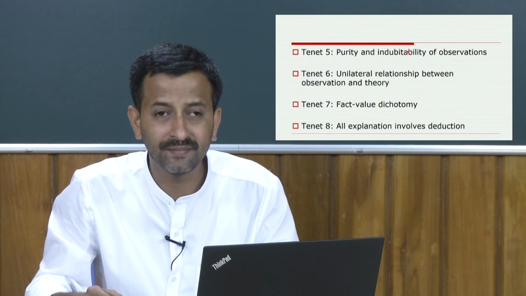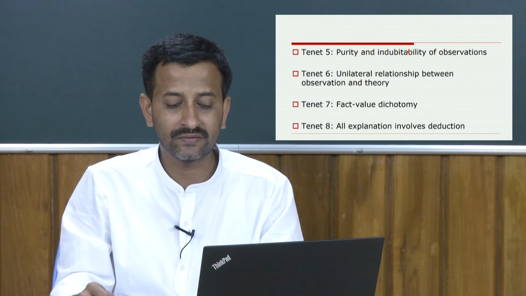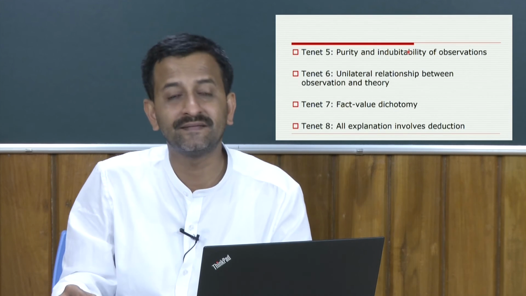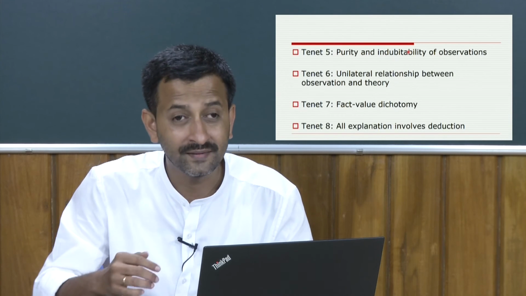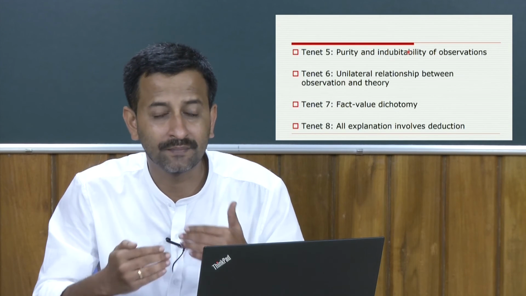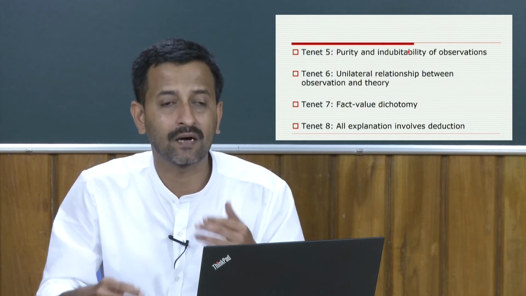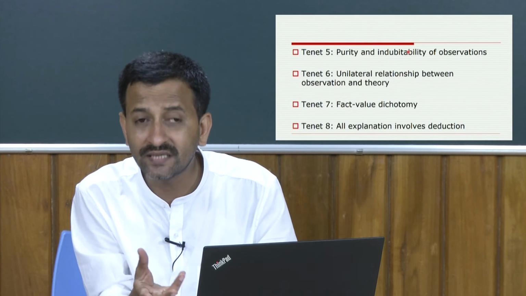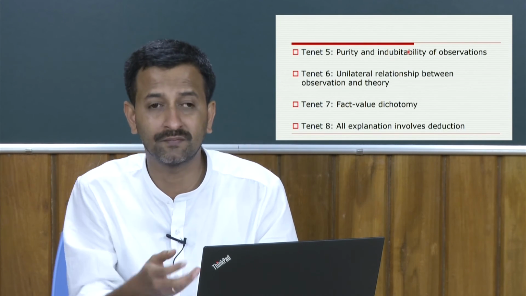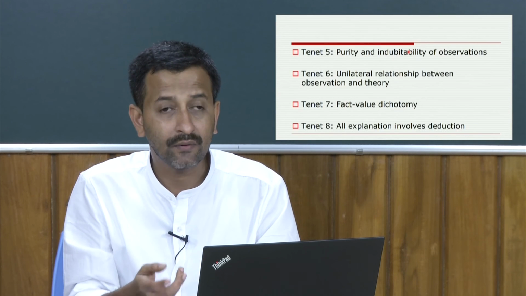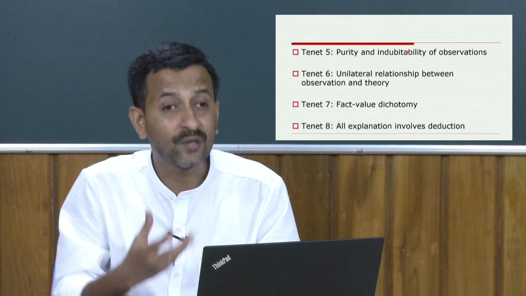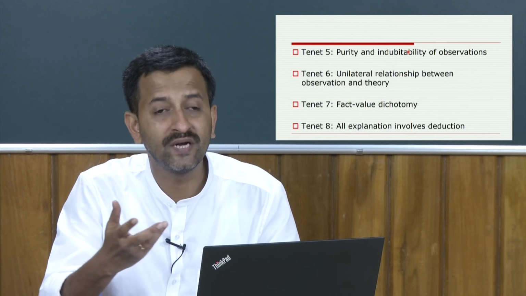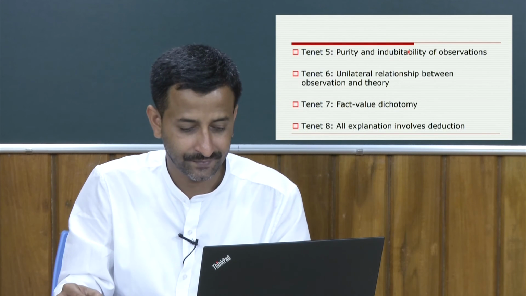Our observations can be indubitable because they are or can be shown to be theory independent. I mean, this is where the point lies, that as observations cannot be doubted, the kind of knowledge that we produce by making observations becomes pure, and then leads us to formulate newer and newer theories.